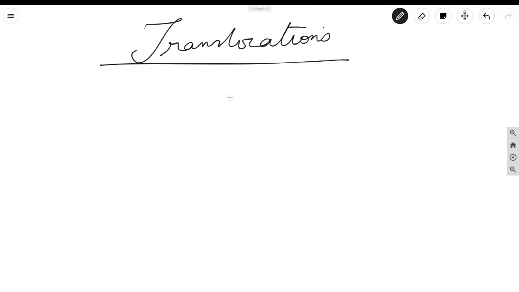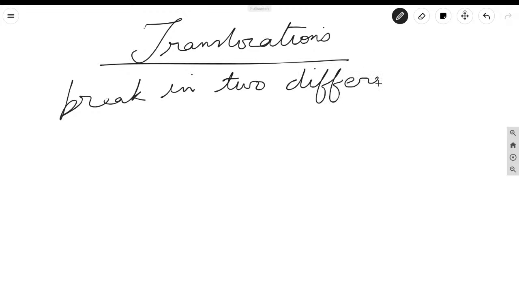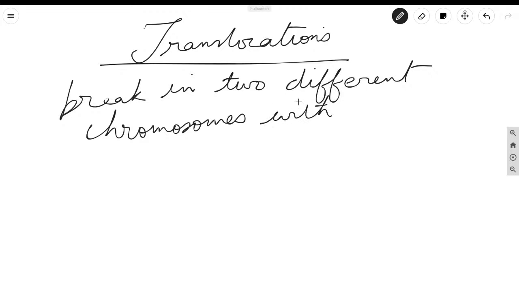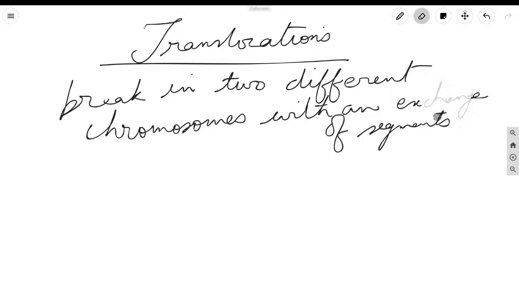It involves breaks in different chromosomes, not in homologous ones, with an exchange of segments.